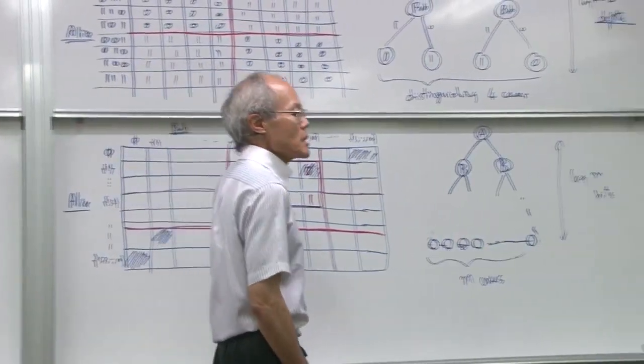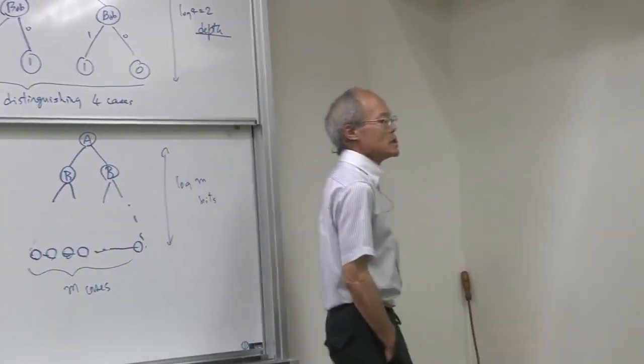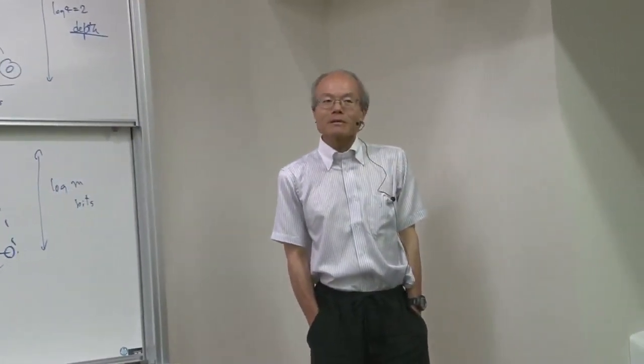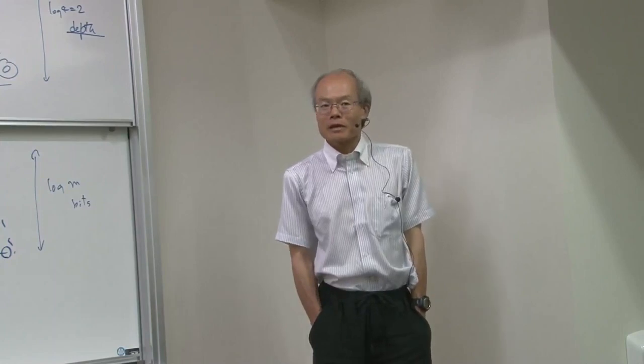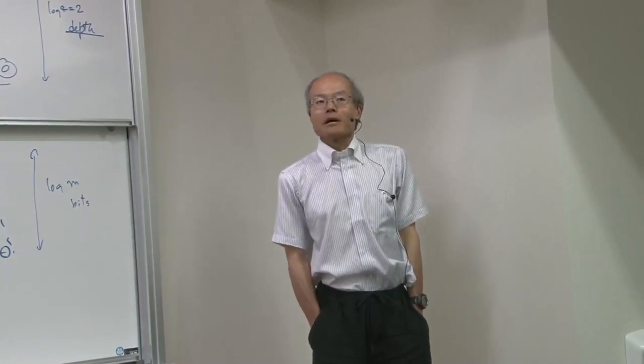Today I showed you several examples which need a relatively small number of bits for communication, something like log squared n, but there is another type of hard problem, meaning we need n bits. N bits means there is no better algorithm than the trivial one.